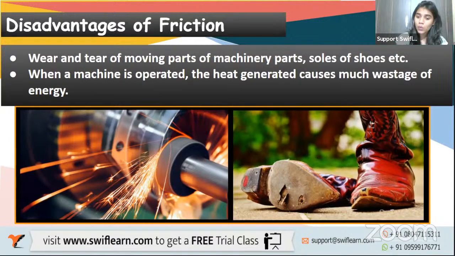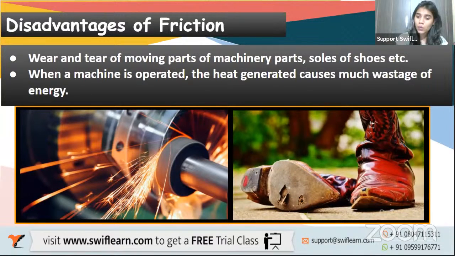When you're walking, there is friction force applied between the surface of the shoe or chappal and the ground. Because of this, since frictional force is always in the opposite direction, wear and tear of machines or damage to the soles of shoes happens.